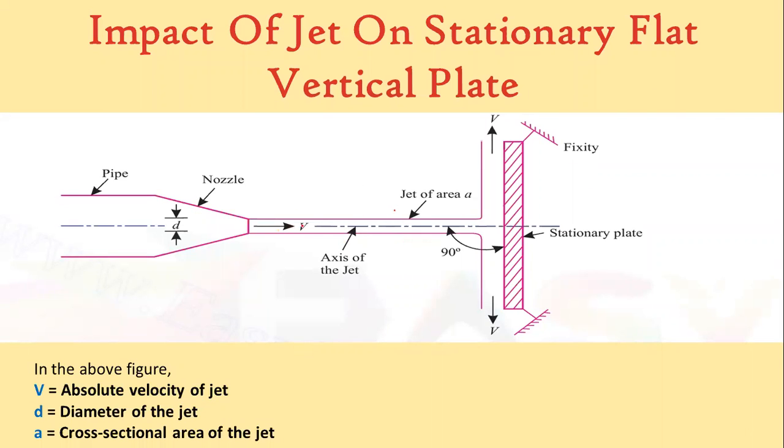We had assumed, let capital V be the velocity of the jet with which the jet strikes the plate. Let small d be the diameter of the jet and small a be the cross-sectional area of the jet of water, not of the plate, keep in mind. Small d is the diameter of the water jet and small a is the cross-sectional area of the water jet.